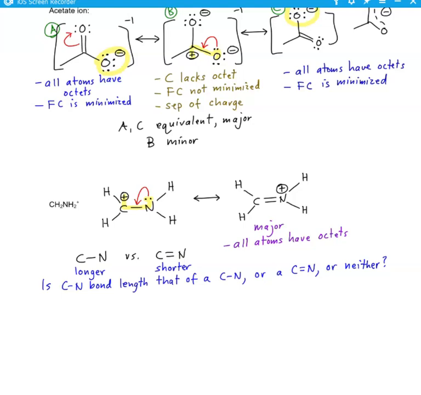So one of the contributors here shows a single bond, and the other contributor shows a double bond between the same two atoms. What that suggests to us is that the actual bond length is somewhere in between that of a single bond and that of a double bond.